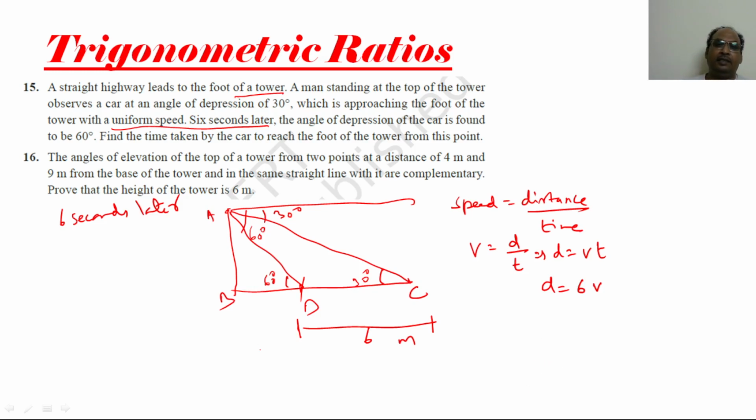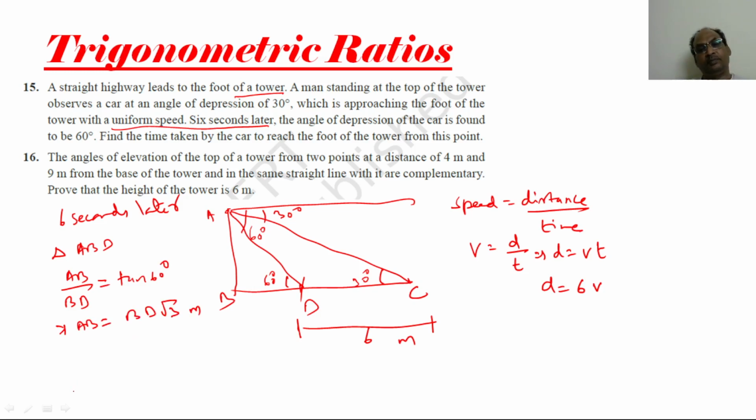So AB, again let us take that triangle ABD. So AB by BD is equal to tan 60 degree. So AB is equal to BD root 3 meter. Then let us take triangle ABC.